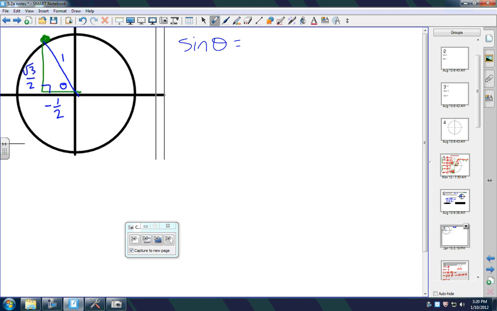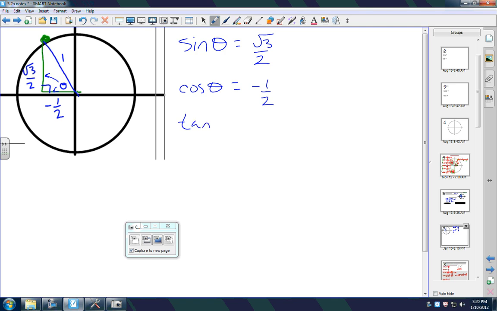Okay, here's my picture. Sine is a opposite over hypotenuse. Square root of 3 over 2. Done. Okay, the 1 doesn't matter. Go to cosine next. Cosine is an adjacent over hypotenuse. -1/2. We can grab those from the point, but only because our radius is 1.